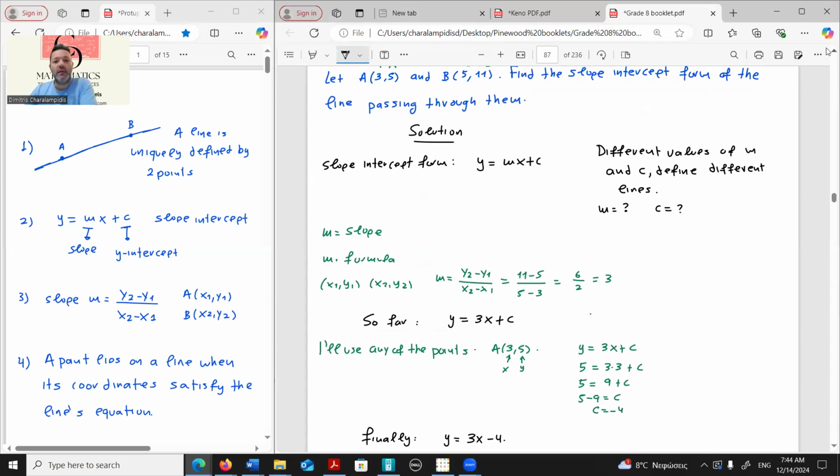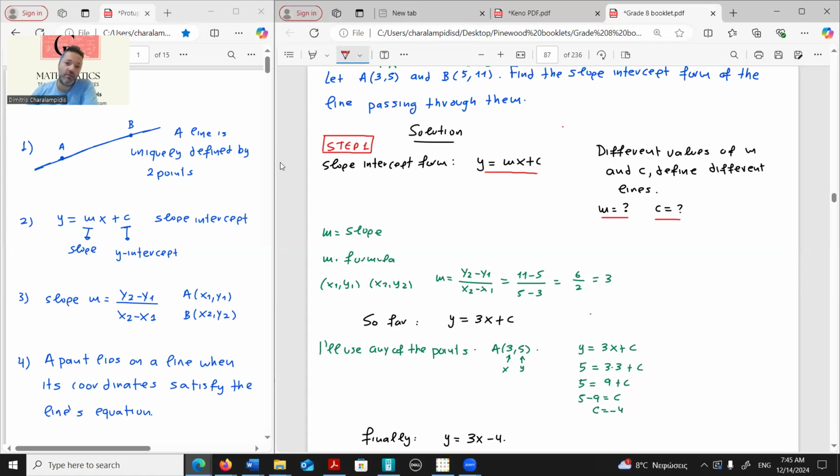Once again, if we derive that in steps, we are given 2 points, and we are asked to find the slope-intercept form of the line. So the first step is the acknowledgement that slope-intercept form means y equals mx plus c, and that I just need to find the values of m and c.